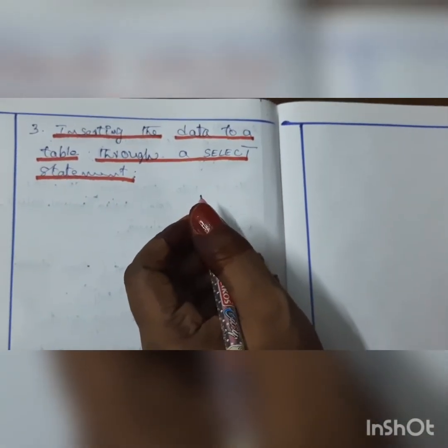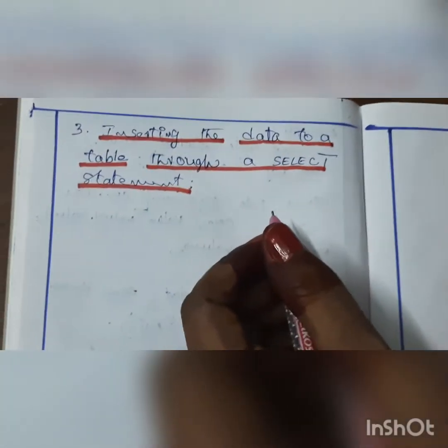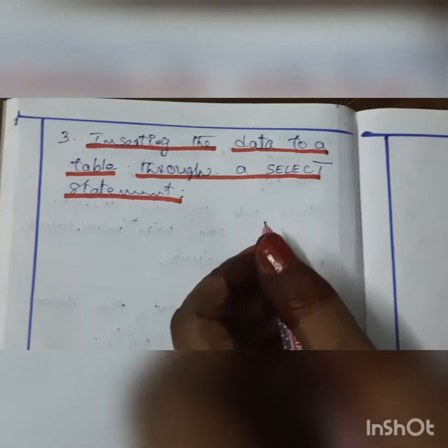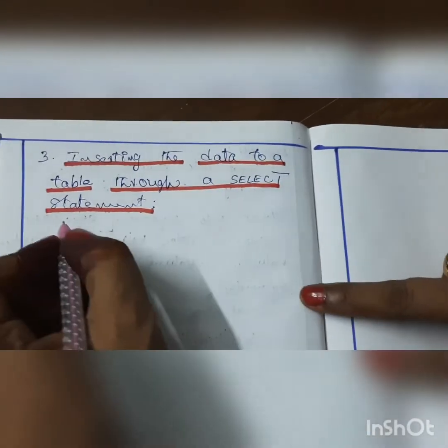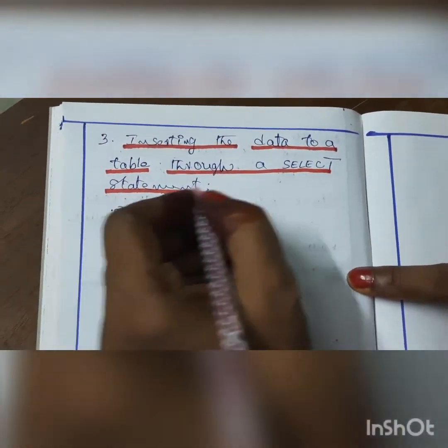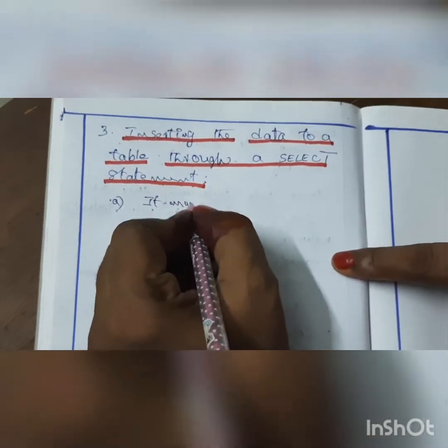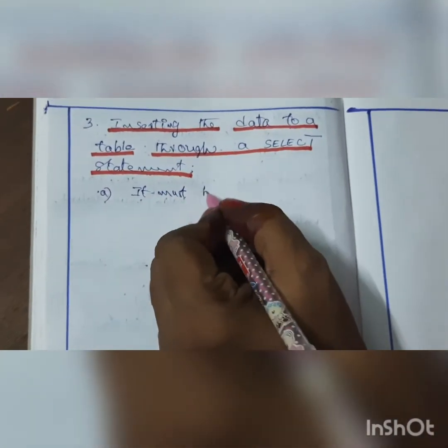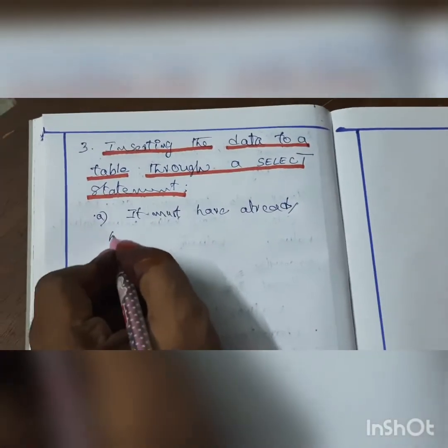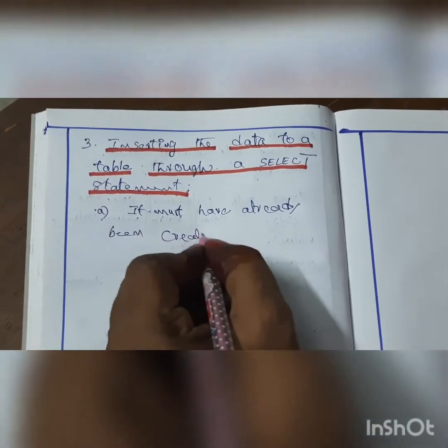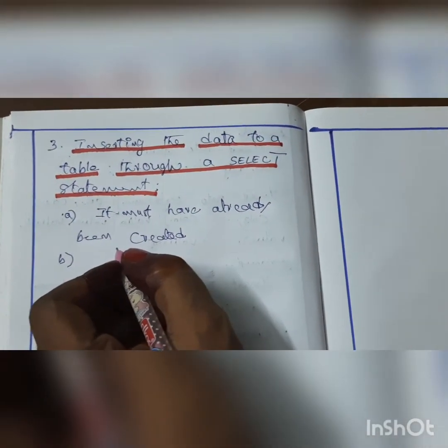To achieve this, simply replace the values clause of the insert statement with an appropriate query. In order to use a select query with insert, the target table must fulfill the following conditions. First condition, it must already have been created. Second, it must have the columns returned by the query.